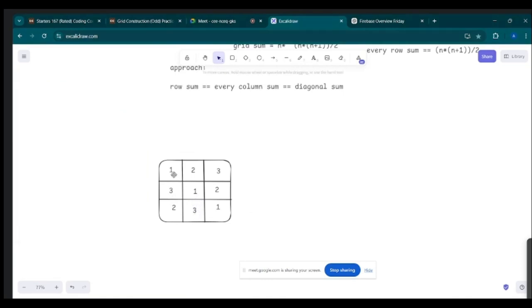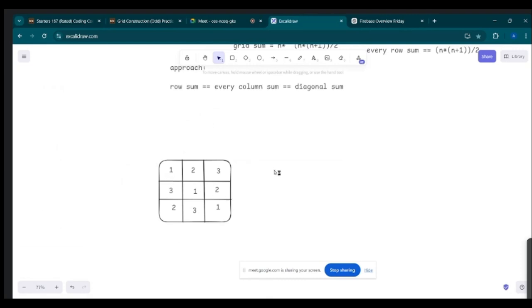So what I did is just print 1 to n numbers and shift it to the right, like 1 2 3, then 3 1 2, then again 2 3 1. Okay. Here we can see every row has a similar sum, that is sum of 1 to n, and every column also has the sum of 1 to n. But for the diagonals, we can see this diagonal has the sum of 1 to n, but this one does not.